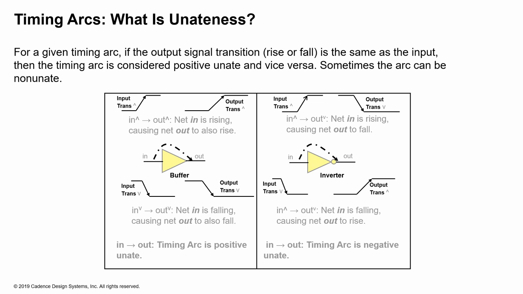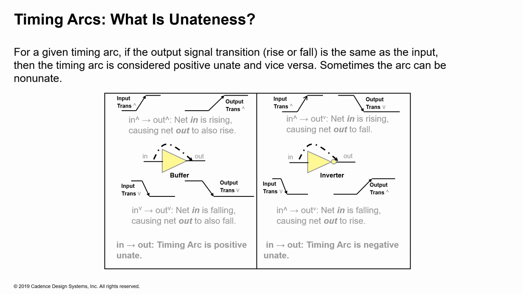Some arcs, of course, can be non-unate, where there is no relationship between how the output is changing against the input. But most of the time, you can easily determine the unateness of a timing arc by looking at the truth table of that particular cell.